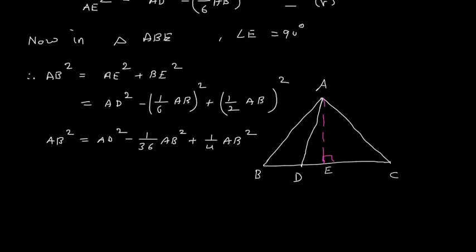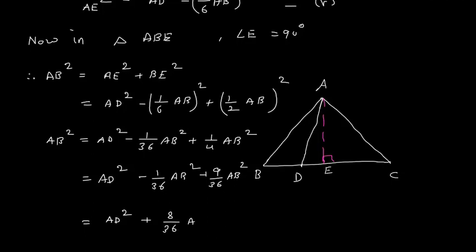Now this is equal to AD square. This is 36, so I will also convert this into 36. For that I will multiply by 9. So 1 upon 36 AB square plus 9 upon 36 AB square. This gives us AD square plus 8 upon 36 AB square.